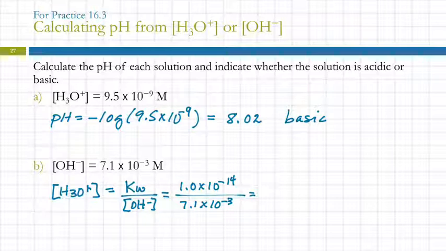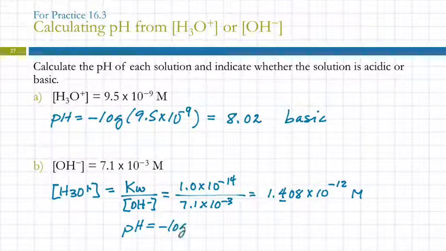I'm getting 1.408 times 10 to the minus 12. And then we can calculate the pH. 11.85.